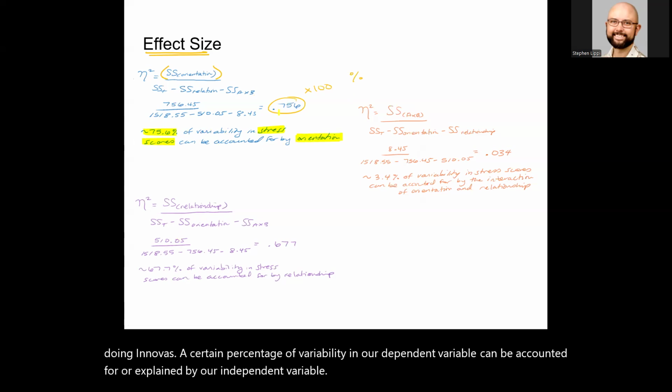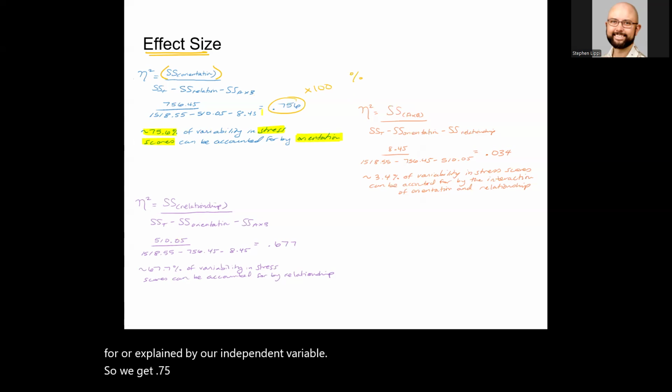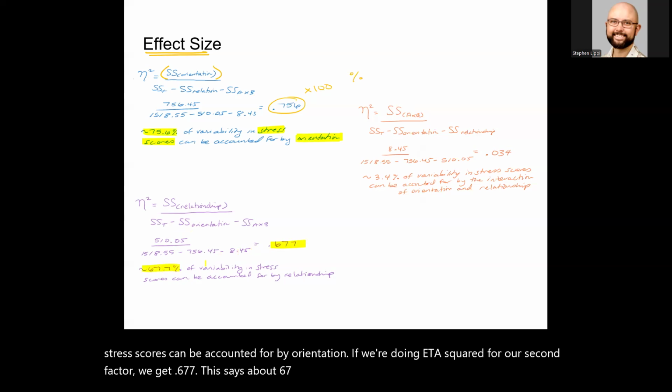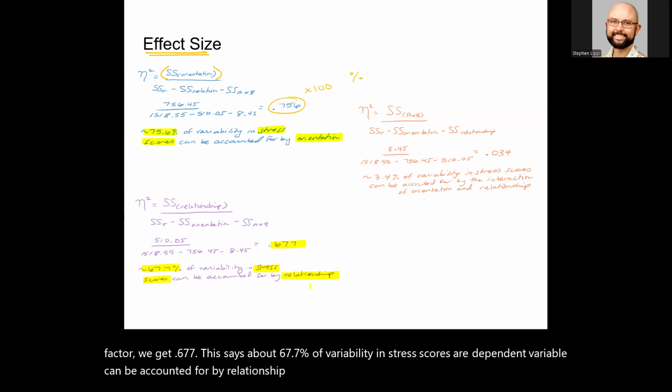So we get 0.756 for our eta squared for orientation, which says that 75.6% of variability in our stress scores can be accounted for by orientation. If we're doing eta squared for our second factor, we get 0.677. This says about 67.7% of variability in stress scores, our dependent variable, can be accounted for by relationship status.